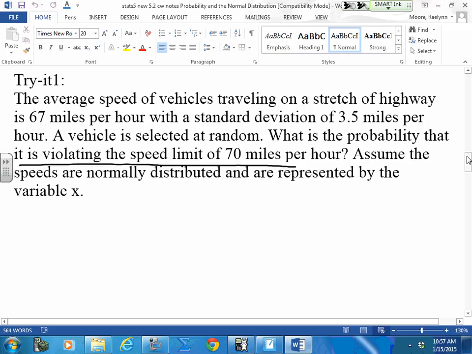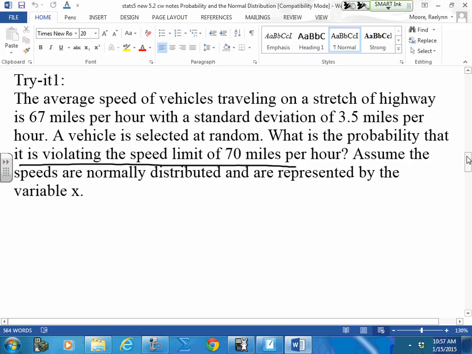if you do 70 or more, you violated the speed limit, right? So that's the x part you're looking at, the 70. The mean is just the average on that road, not the speed limit. What is the probability that this person at random is going 70 or more? That's what it's asking you.